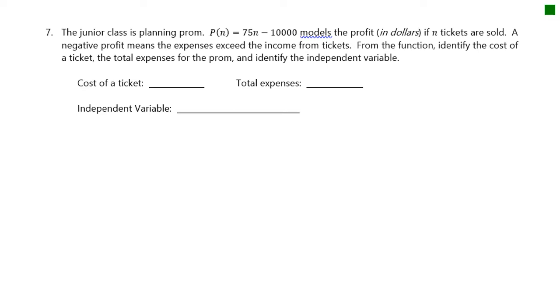We're talking about profit in dollars, and N represents the tickets being sold. So now I know what N means. A negative profit means that the expenses exceed the income from tickets. From the function, identify the cost of a ticket, the total expenses for prom, and identify the independent variable.